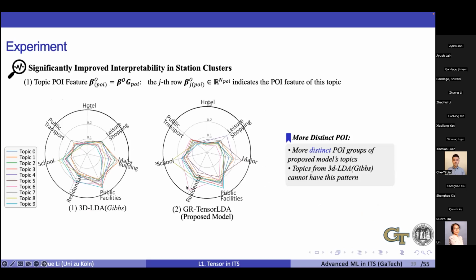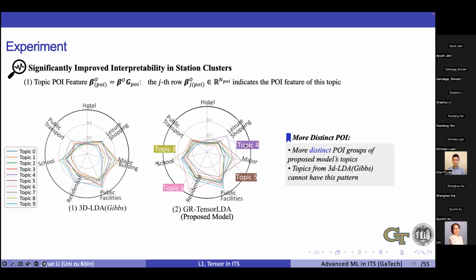I will first focus on the O dimension, the origin dimension, which means the spatial dimension, the topics of that. If this is the benchmark without the graph, you can see our model can learn the topics and different functions quite distinguished from each other, which means it's good.